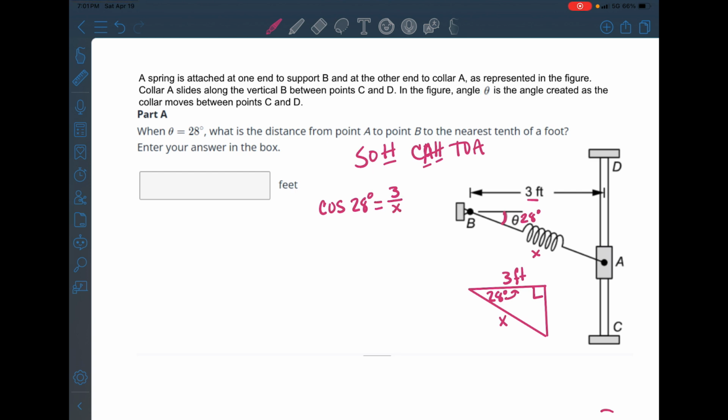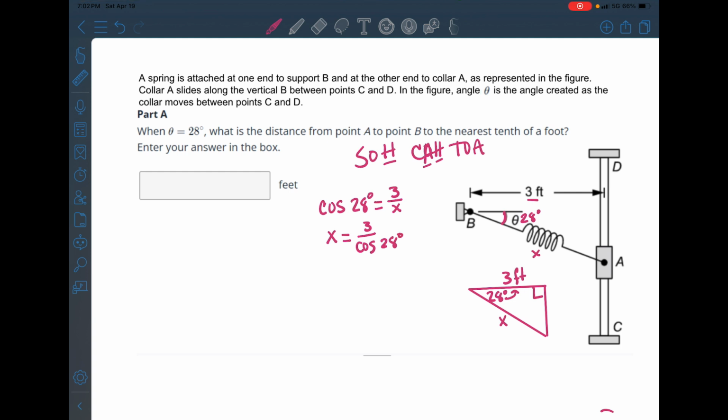And remember, when x is in the denominator, you can just trade places with your trig function in degrees and your x. So we can just put x equals 3 over cosine of 28.